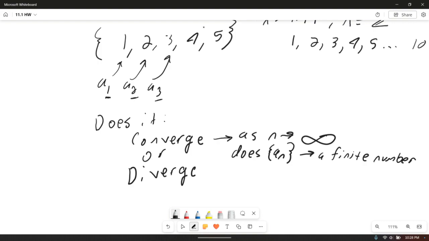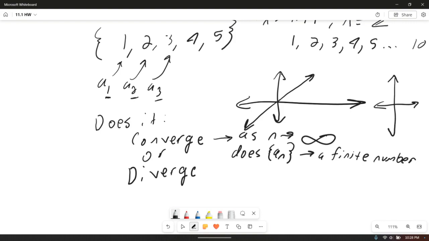Now you might be thinking, how would something going along to infinity approach a finite number? If you were to graph a function, say f of x equals x, and something similar for a sub n equals n, it's like an f of x equals x function, but only at 1, 2, 3, and the negative numbers wouldn't be defined.